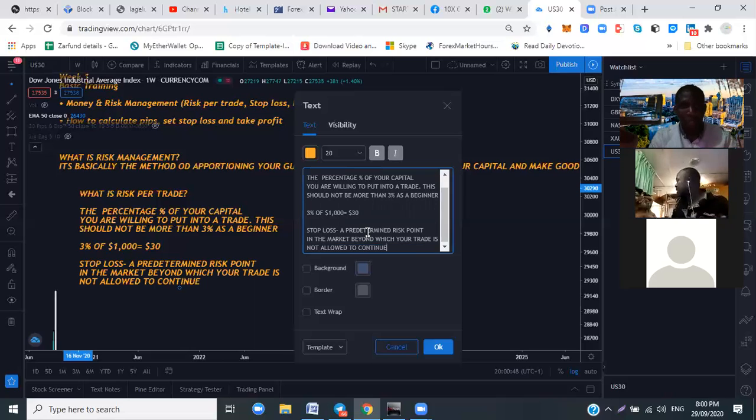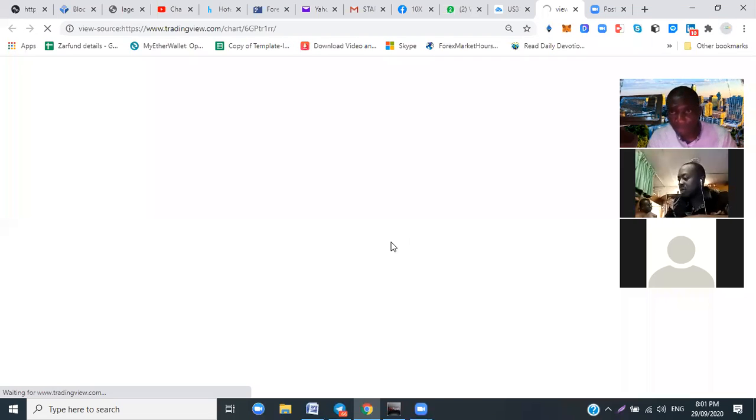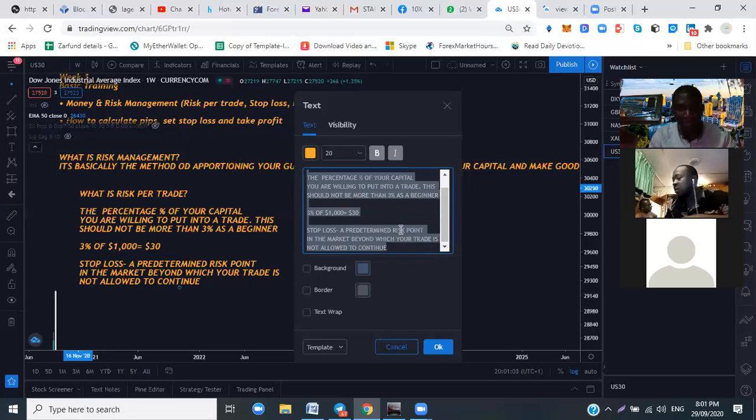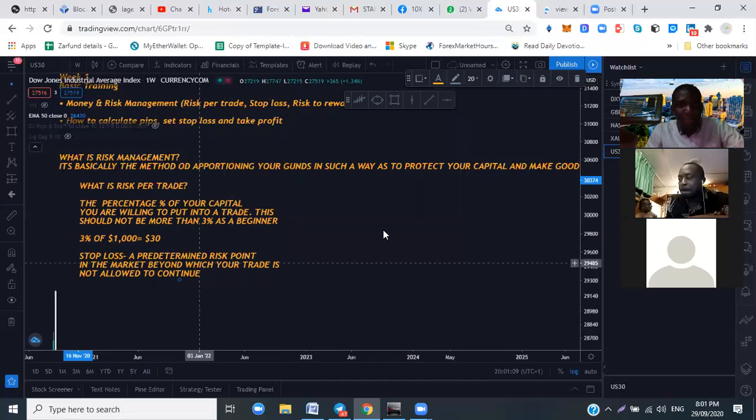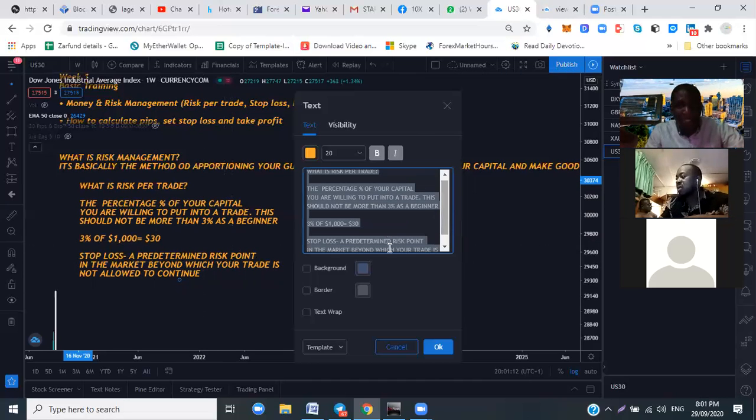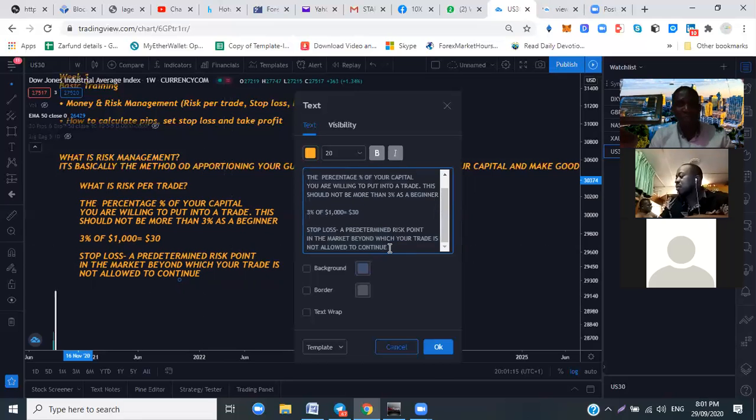Take note of the word predetermined risk. So your stop loss is a predetermined point in the market beyond which your trade is not allowed to go, is not allowed to continue.